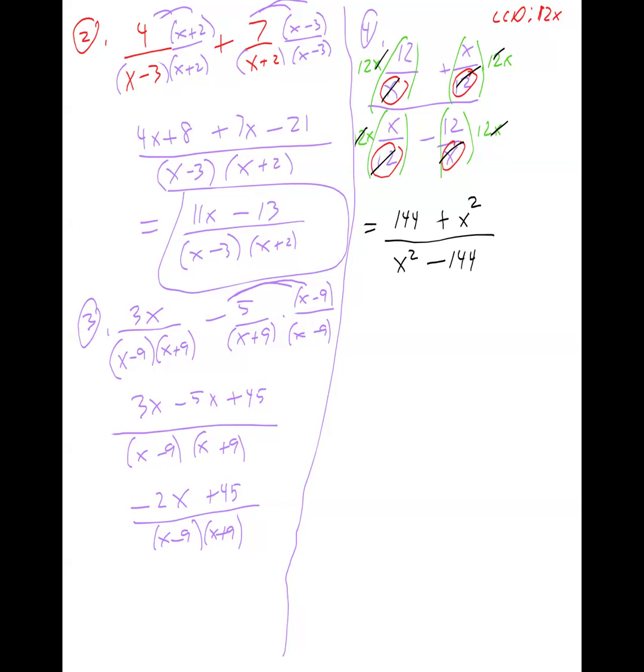And then you have to factor the bottom. So final answer is x squared plus 144 over x minus 12 times x plus 12. Presto.